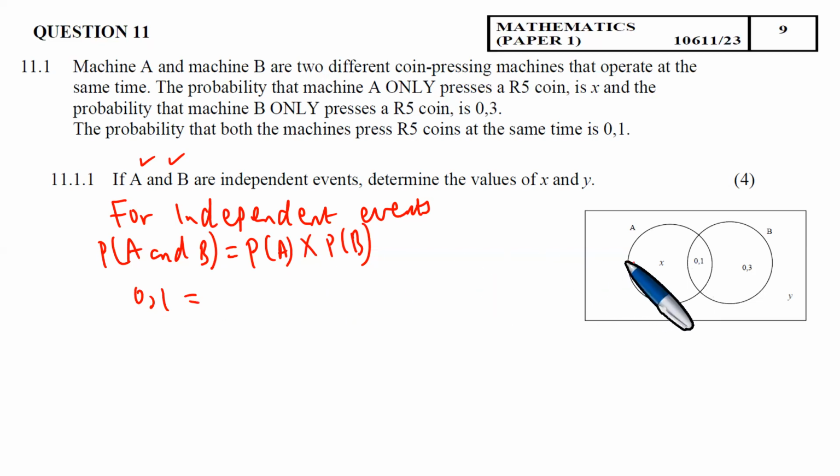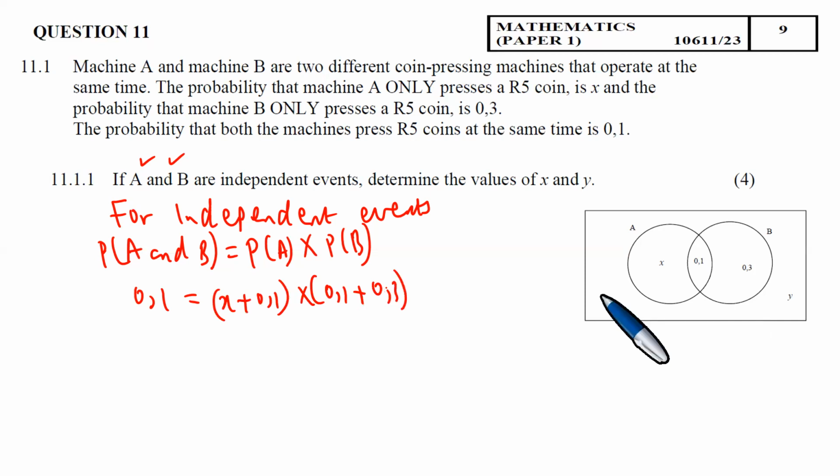The probability of A is x plus 0.1. This is multiplied by the probability of B, which is 0.1 plus 0.3, so that is 0.4.